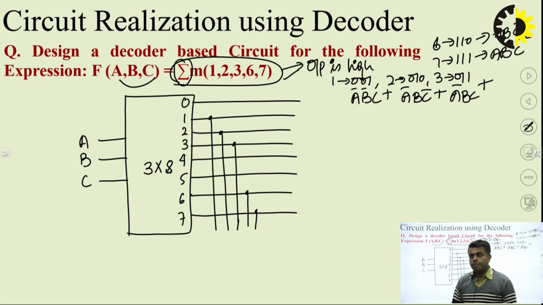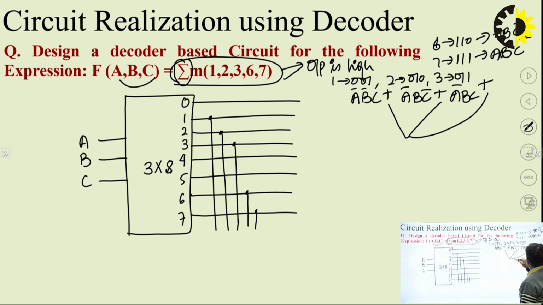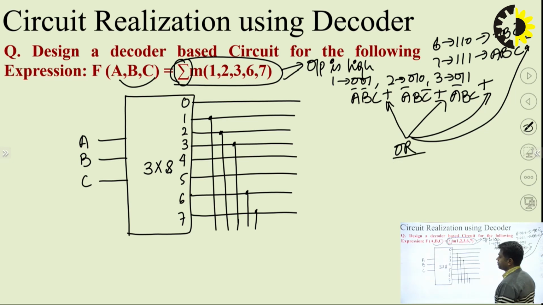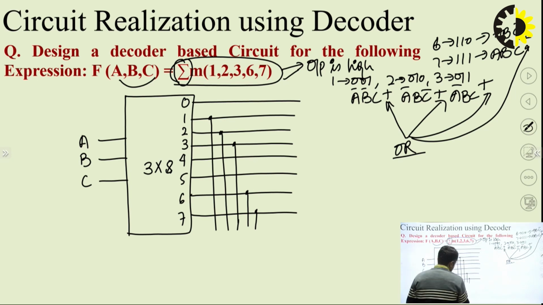And I just need this plus term. That means I need to perform OR of these things. That means all these 5 terms are to be simply added. That means this will produce the function F(A,B,C).